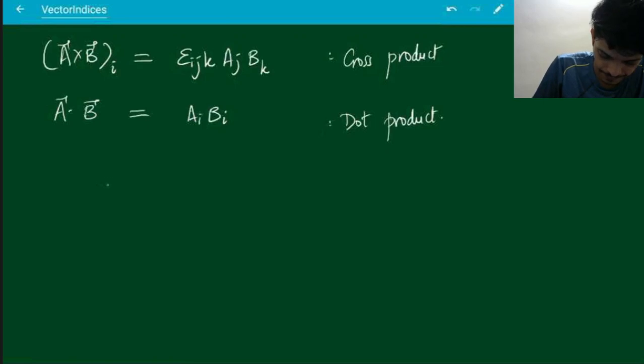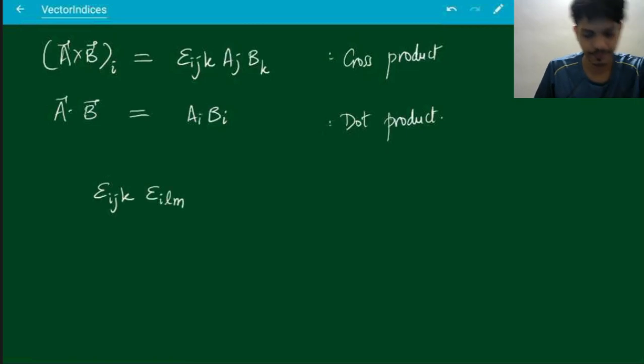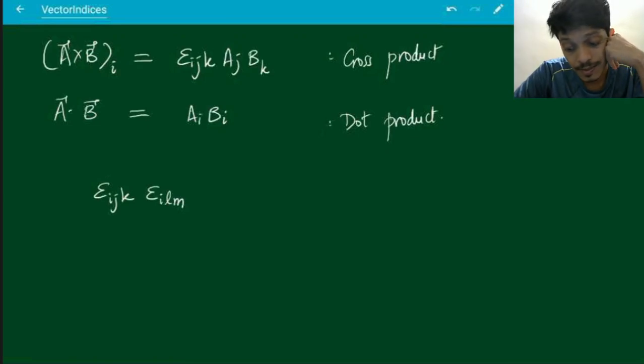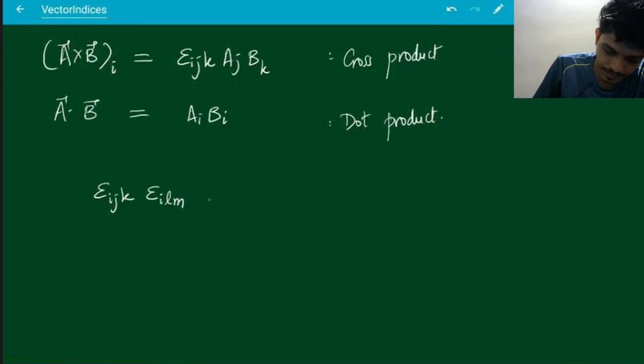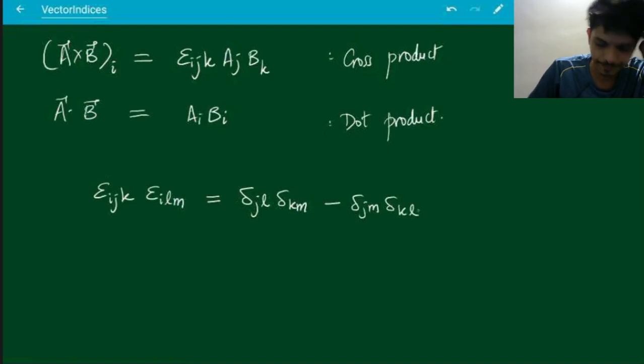If I have this epsilon ijk epsilon ilm, this product, and remember there is a sum inside this because i is a repeated index, so you are summing over these, then this is given by the following: delta jl delta km minus delta jm delta kl.